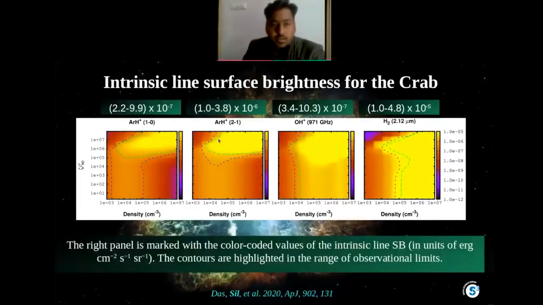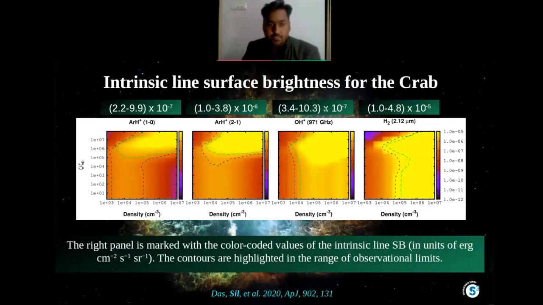We used a parameter space where the x-axis is the density of H2 and the y-axis is the cosmic ray ionization rate. From this parameter space, we reproduce the surface brightness observed for the ArH+ transitions, the OH+ 971 gigahertz transition, and the H2 2.12 micrometer transition.